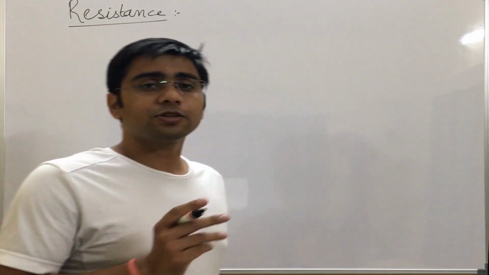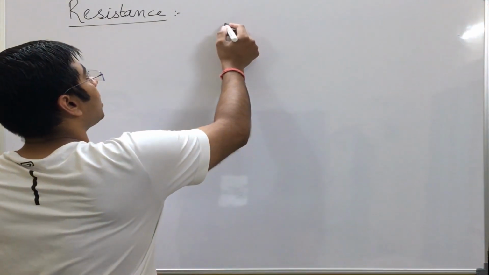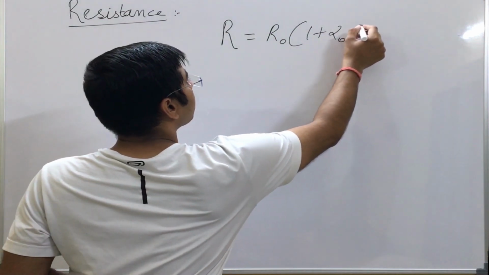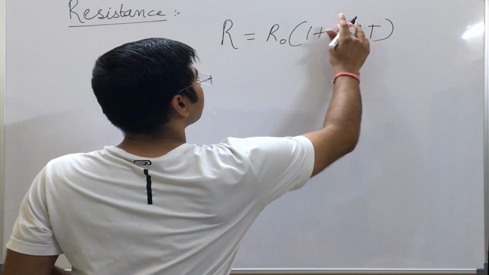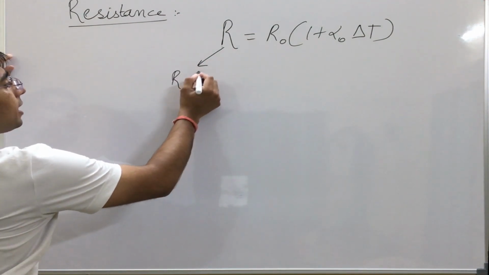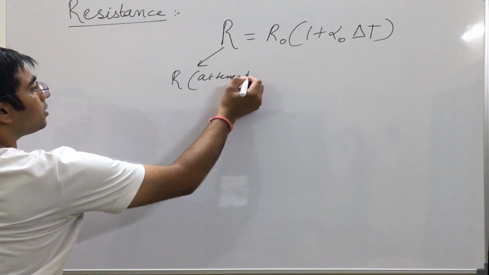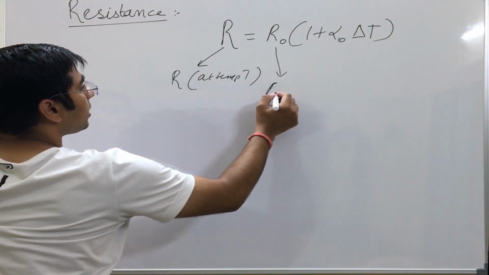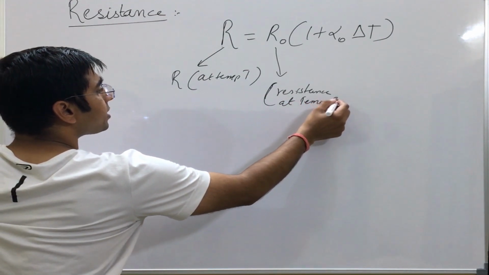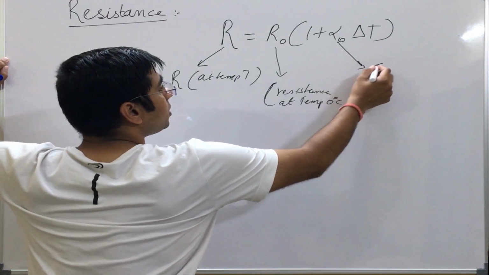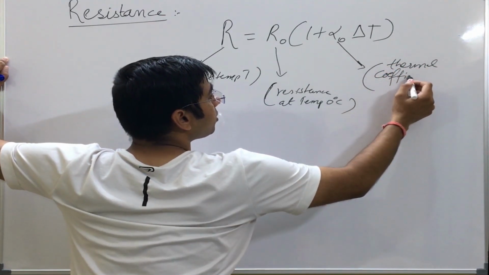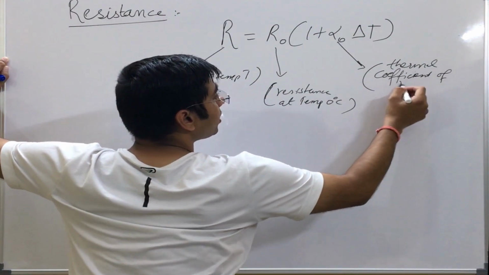As we all know, the resistance of a conductor is dependent upon temperature by this formula, where R is the resistance at temperature T, R naught is the resistance at temperature 0 degrees Celsius, and alpha naught is the thermal coefficient of resistance.